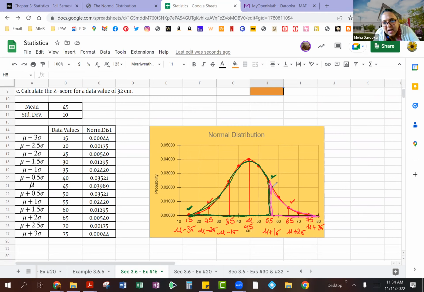And since they are saying above 55, you are of course going all the way to the tail end. So what do you think that would look like? Okay, and I've got Terry's answer coming through. Anybody else? What do we think about that? So above 55, what will that look like?